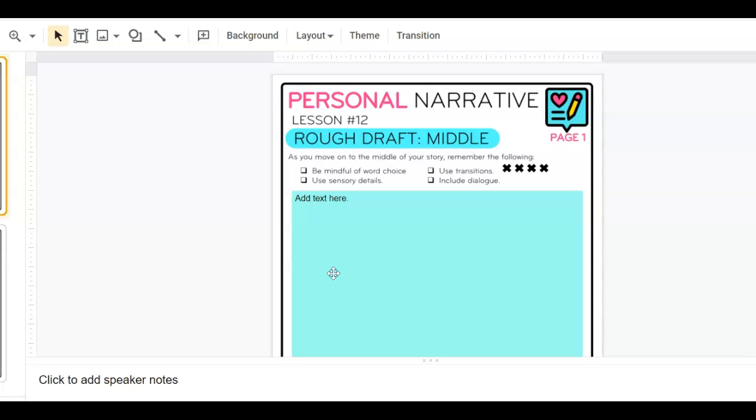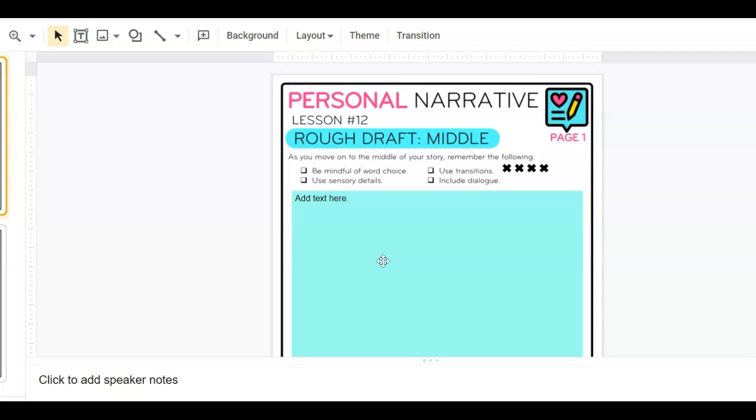The next time, when we do day 12, part 2, is where we're going to look more at this checklist. But be mindful, you want to think about your word choice again. Remember, you might go into some of those more common or often used words and try to choose something to replace them.